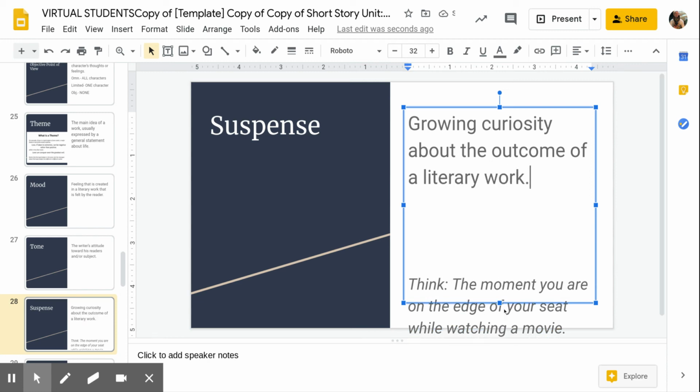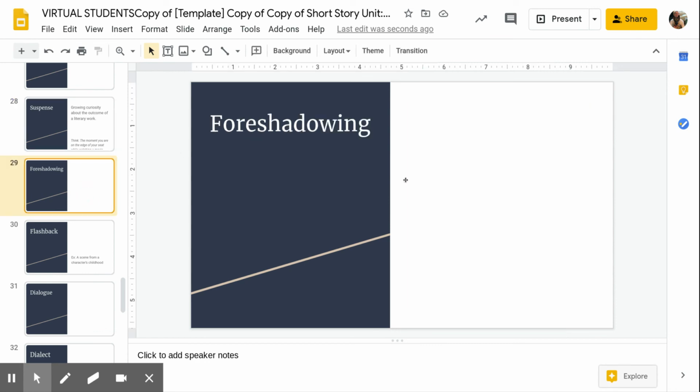The example here: think of the moment you are on the edge of your seat while watching a movie. You don't know what's going to happen next. That's what suspense is. If it is suspenseful, then it's probably going to be a pretty good movie because it's keeping you guessing.